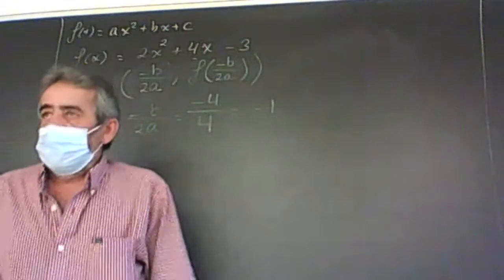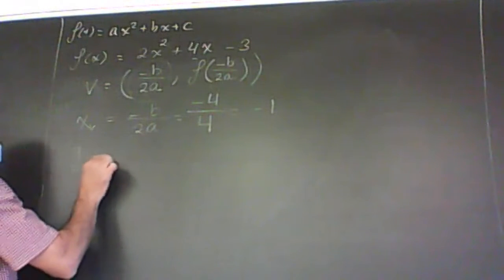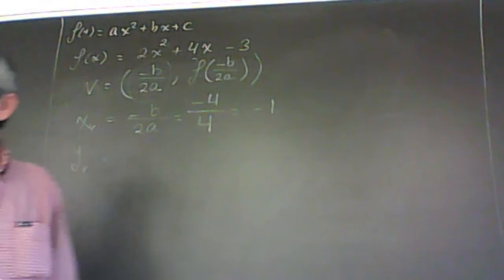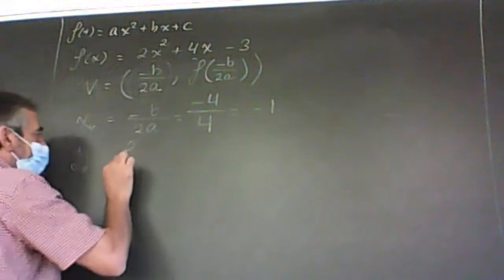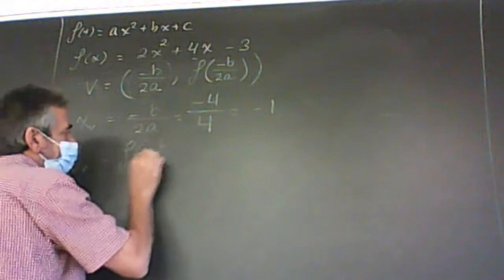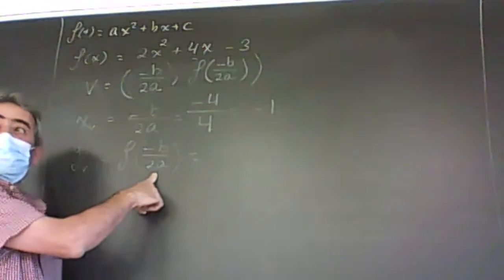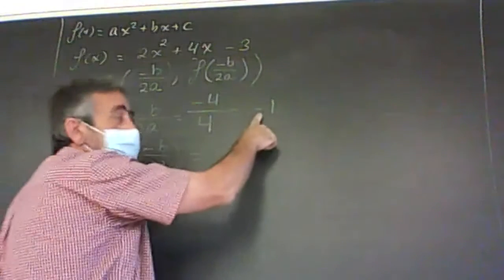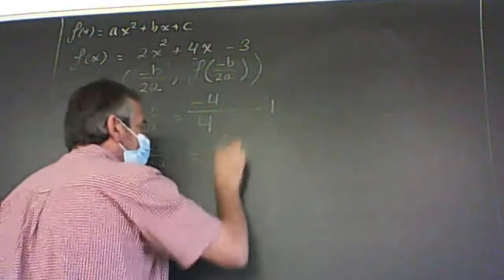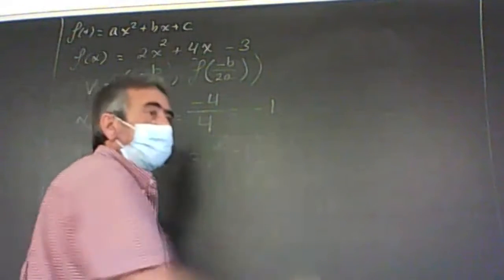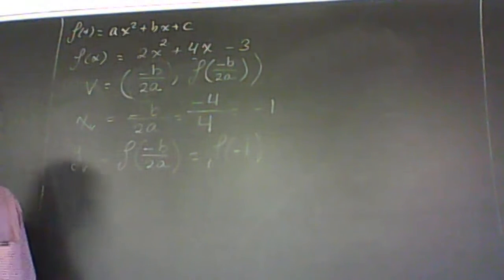Okay? How do I find the Y value of the vertex? The Y value of the vertex would be evaluating the function f at minus b over 2a. And we already know what minus b over 2a is, which is negative 1. So that means evaluating the function at negative 1. So far, so good.